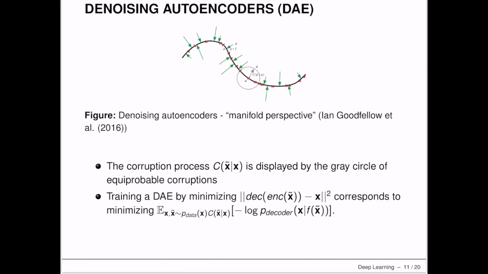This likelihood, the training data that we have, is given by sampling x from our training data and sampling x tilde from the corruption process. So in the code, we will just minimize the mean squared error, but this is the same as maximizing the likelihood for the training data under this probabilistic model.